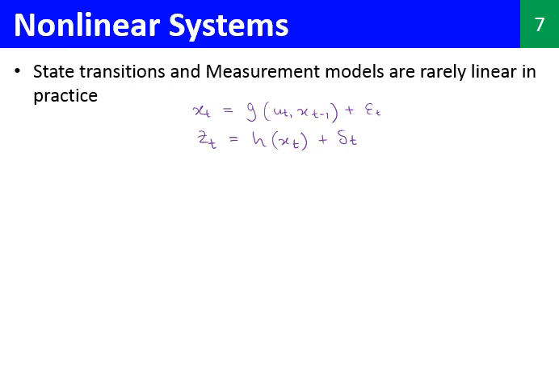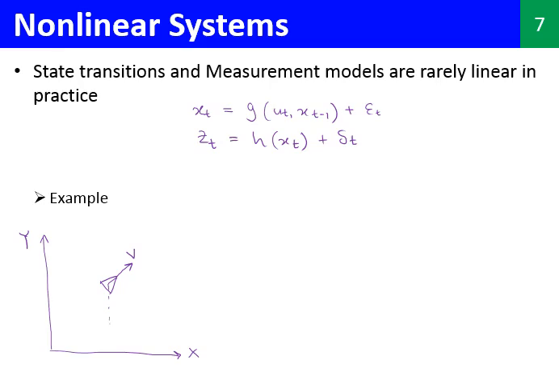Now let me show you an example. Let's say we have a mobile robot and it is given a translational velocity v. So let me draw the coordinate axes like this, x and y, and we have our robot and it is being given the translational velocity v.